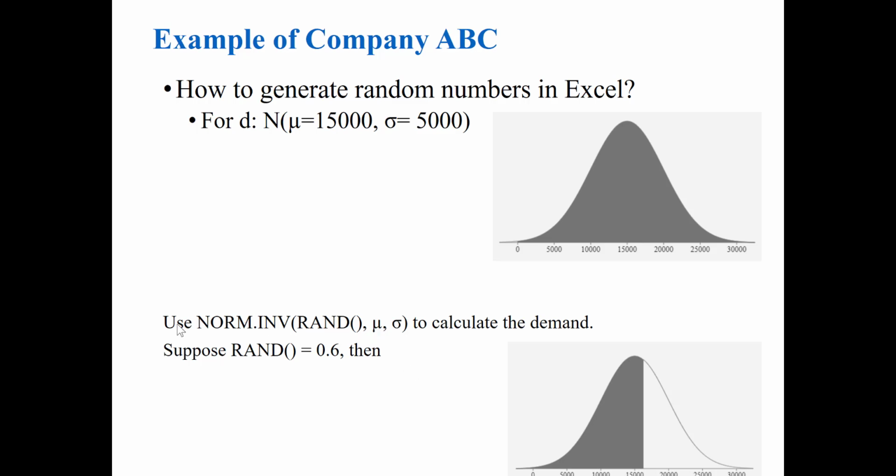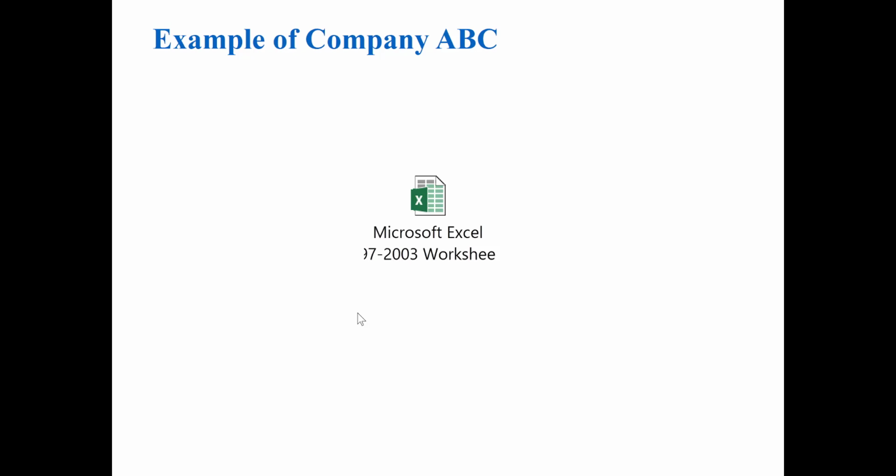If you put rand 0.6 in NORM.INV with mu equal to 15,000 and standard deviation of 5,000, you are going to get 16,267. So this is a way that we generate a random value from this normal distribution. For other continuous functions, you can check the file that we posted on the Ch12.